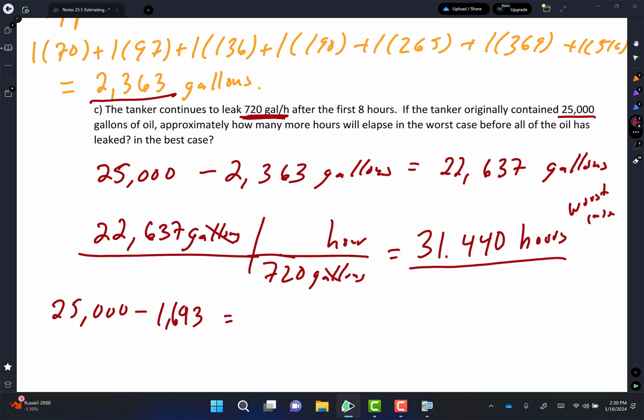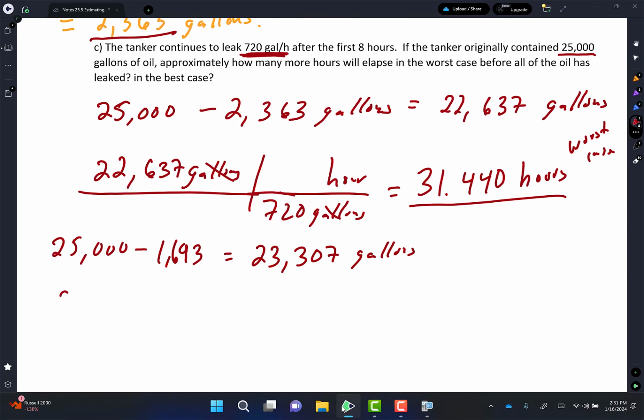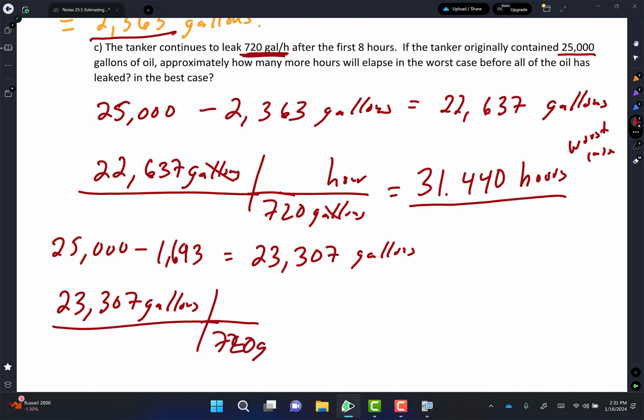What is that? 23,307. 23,307 gallons. Okay, you take your 23,307 gallons, and you're going to divide it by 720 gallons per hour. 32.3708.